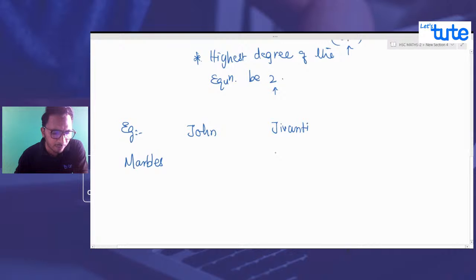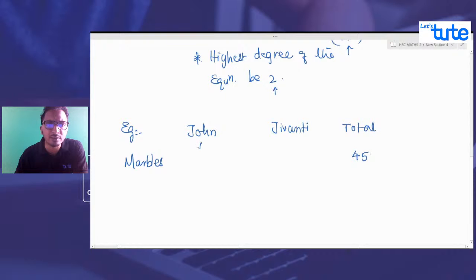When we don't know something, we can take a variable, right? Let us see what it is saying in the question. It says both of them lost 5 marbles each. We know that the total number of marbles is 45.